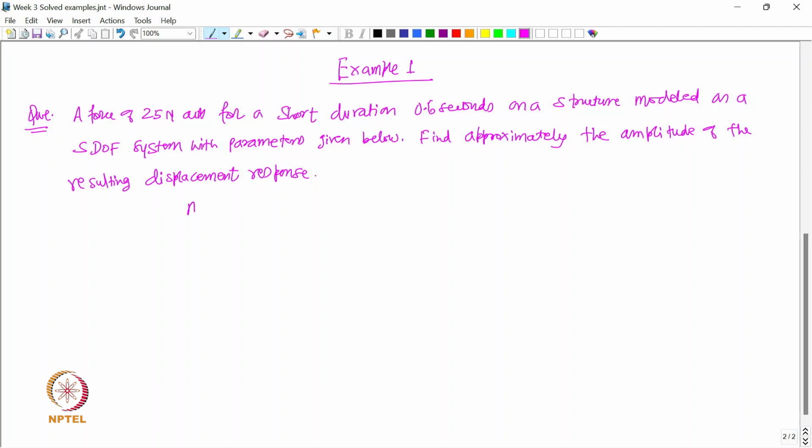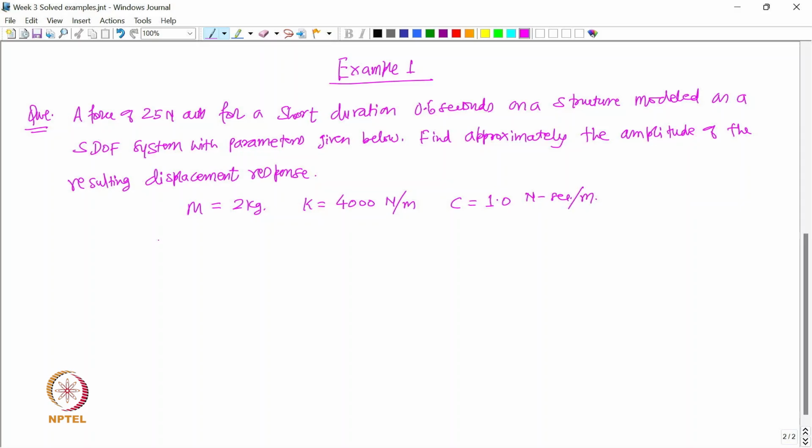The parameters are m is equal to 2 kg, k is equal to 4000 Newton per meter, and c is equal to 1.0 Newton second per meter.